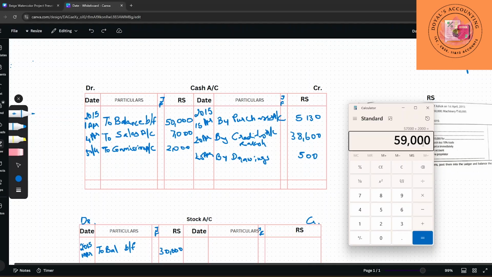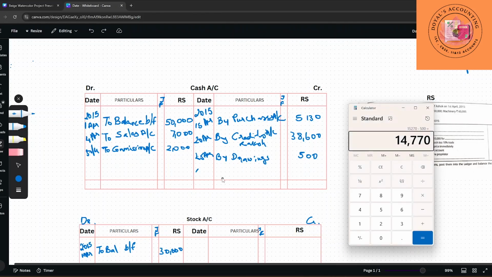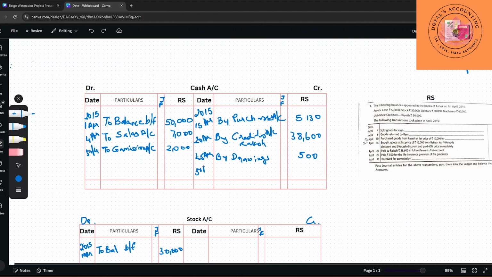So my totals on either side need to be 59,000. And then from this I will deduct 5130, 38,600 and 500. So my cash closing balance, or the balance which will be carried forward, is 14,770.